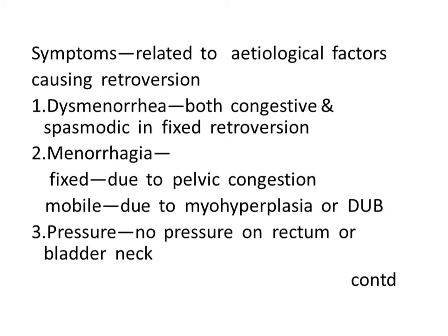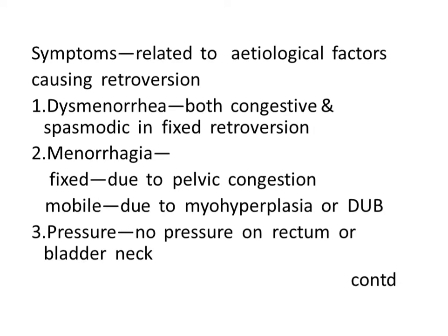Then menorrhagia, excessive bleeding during the menstrual cycle, is present in fixed retroversion. It is because of the pelvic congestion. With the associated disease there is more blood supply, and so more congestion, which causes the congestive dysmenorrhea.